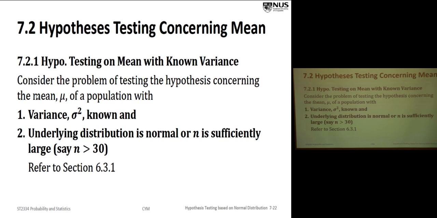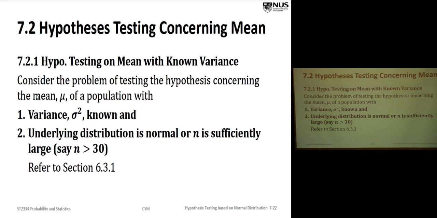Now what we're going to do is essentially a collection of different hypothesis tests which concern the mean of a population. We're going to look at the mean, the variance, the ratio of variances, basically anything we could construct a confidence interval for, we're going to construct a hypothesis test for.